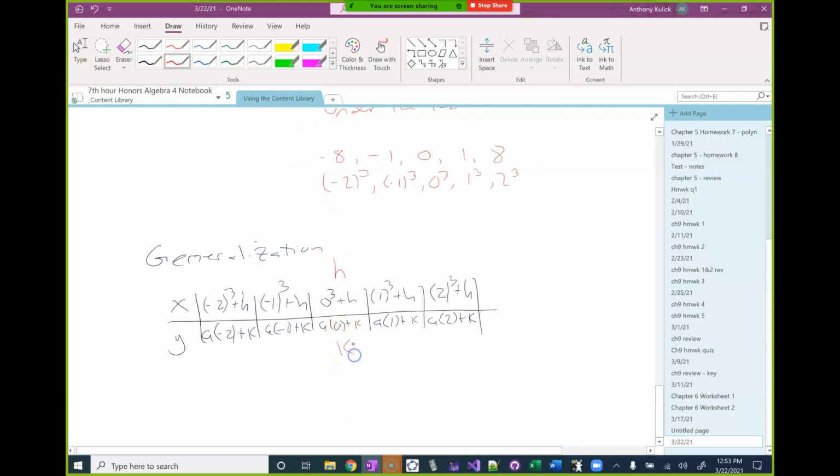But notice this is basically still the same pattern as the square roots. Just we're using the perfect cubes instead of the perfect squares. No big deal.